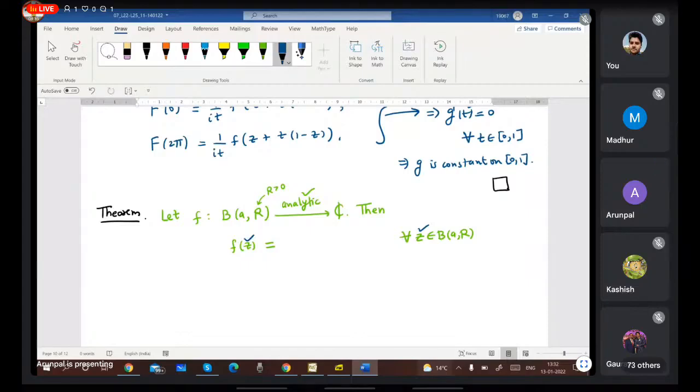we can write a power series representation: f(z) is equal to the sum of a_n (z minus a) to the power n, n going from 0 to infinity. We can write this power series representation. Number one.